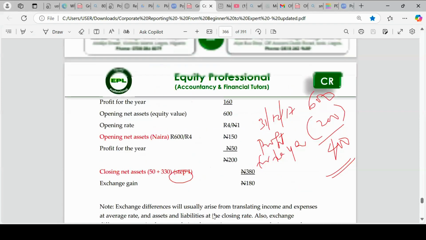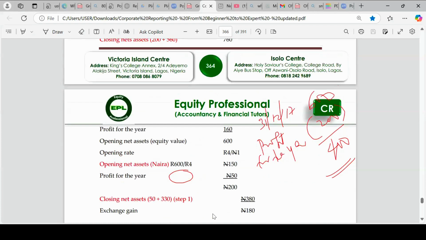Let's check again. An opening net asset in Naira was 150. All right. This 150 that we have here. Now, this net asset includes the ordinary share capital.